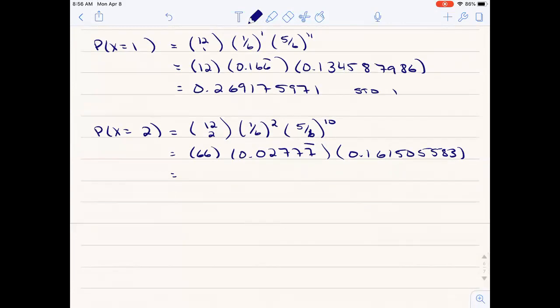Once I multiply those through, I get 0.296093569, which I'll store in 2.